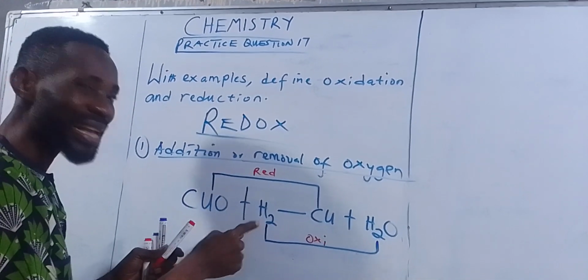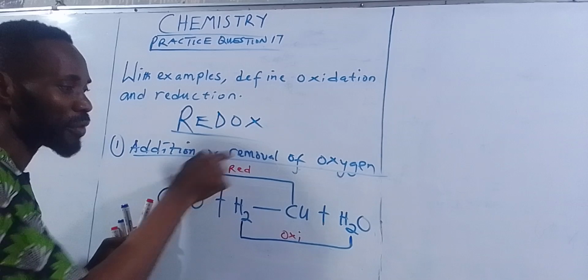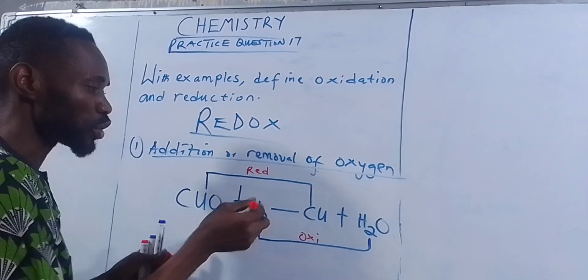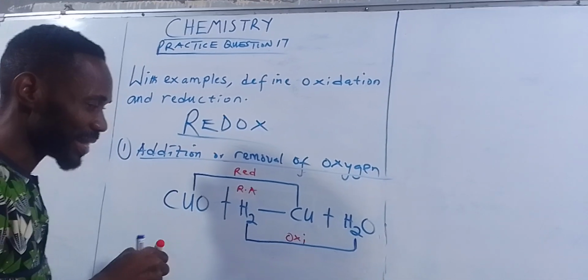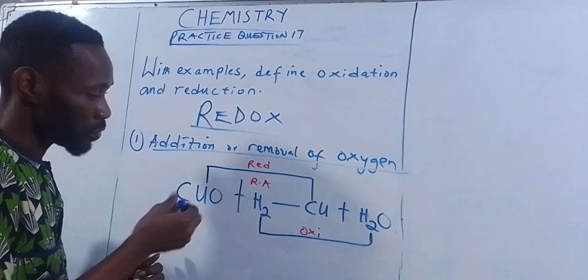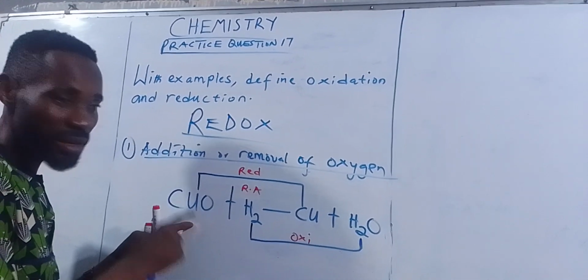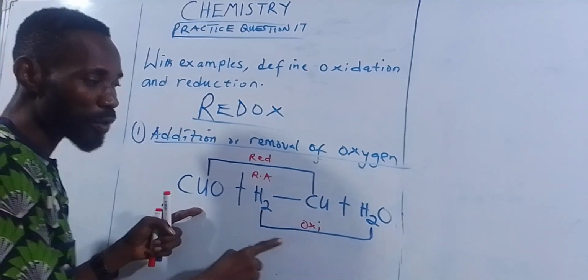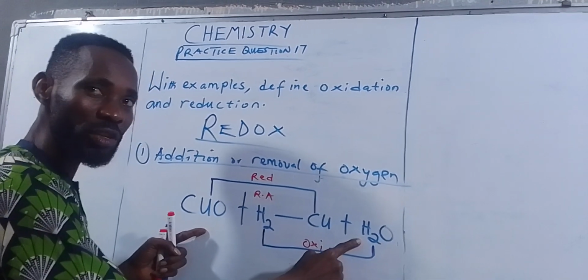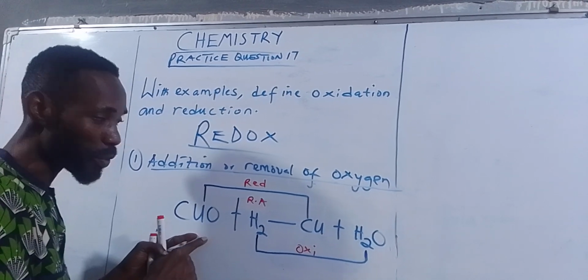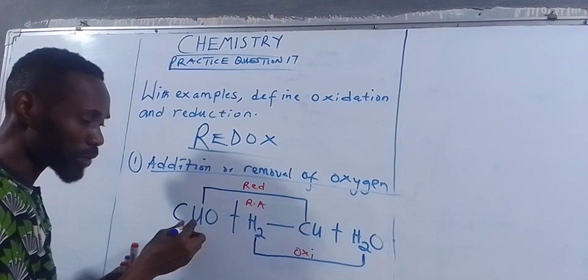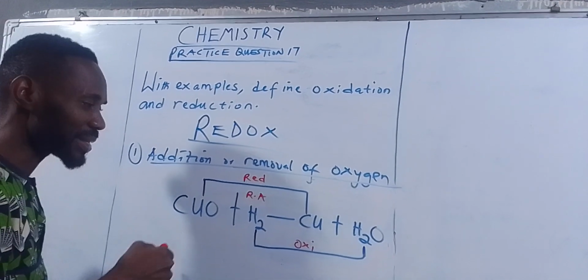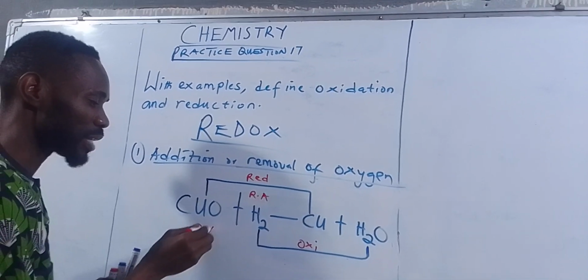So this substance that causes copper 2 oxide to undergo reduction is known as the reducing agent, while the donator of the oxygen, remember, hydrogen wouldn't have undergone the process of oxidation if copper 2 oxide had not donated oxygen to it. So the copper 2 oxide here is the oxidizing agent.